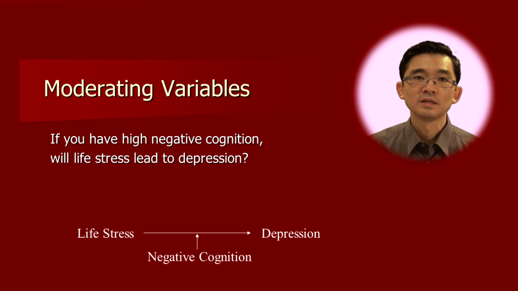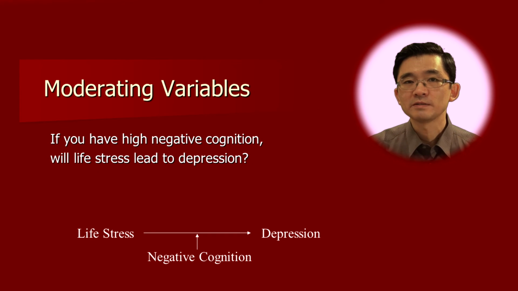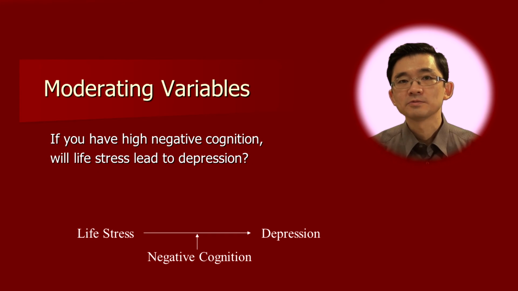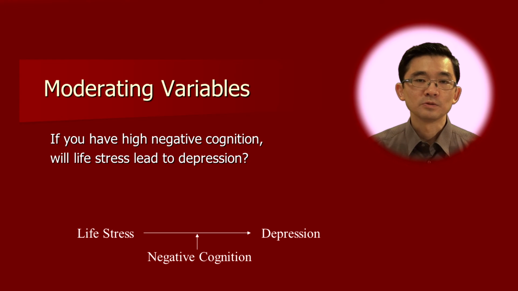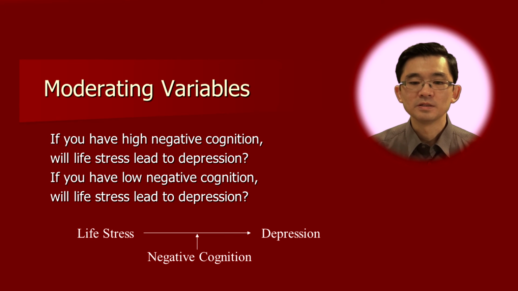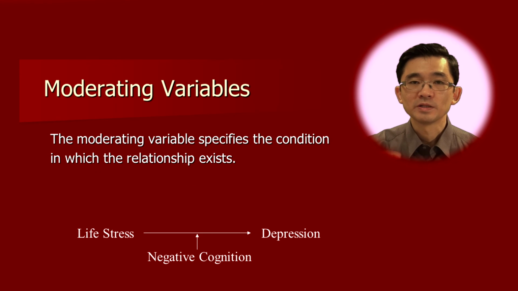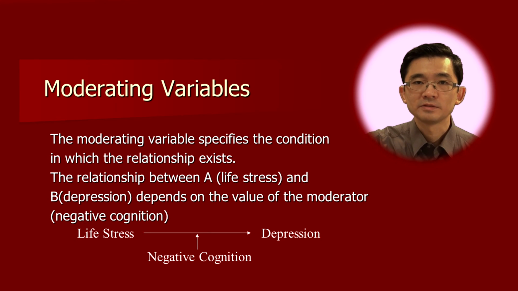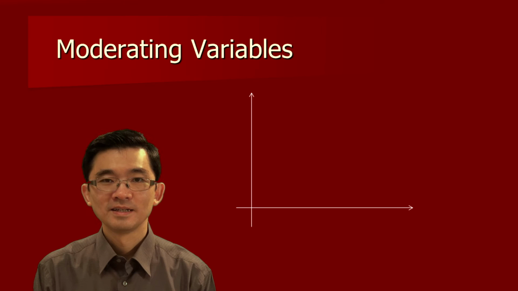Right? That means for people who have a lot of negative cognition, life stress will lead to depression. But for those who do not have this negative cognition, life stress does not lead to depression. So this negative cognition is the moderating variable. It will influence the relationship between life stress and depression.